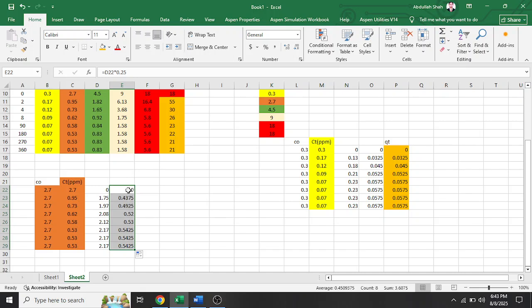You will get this result. So this is the Qt for the second experiment.